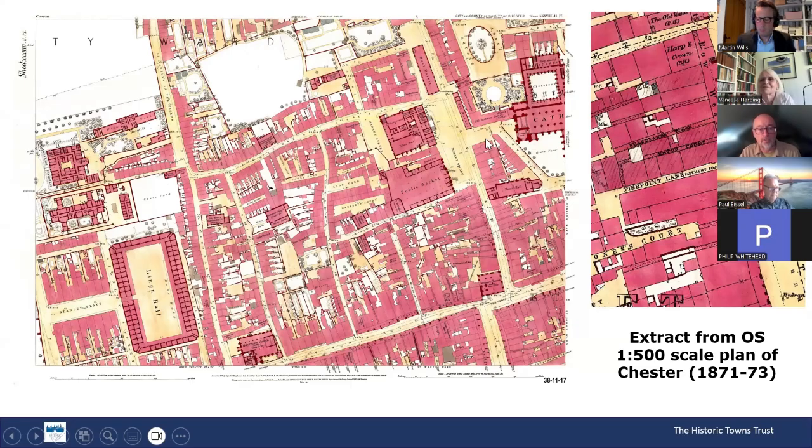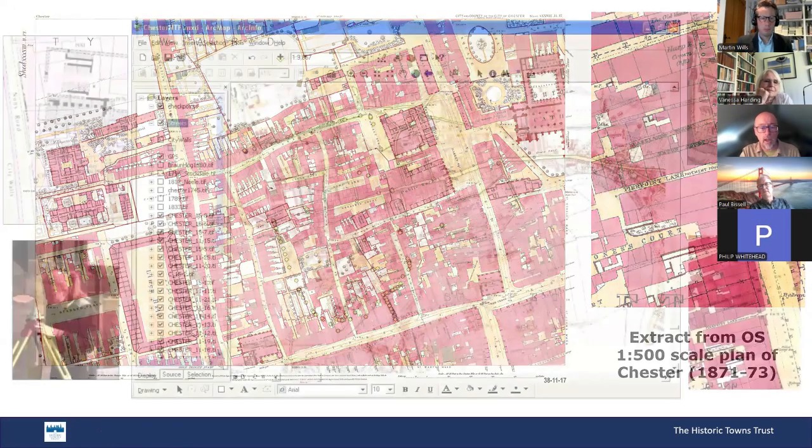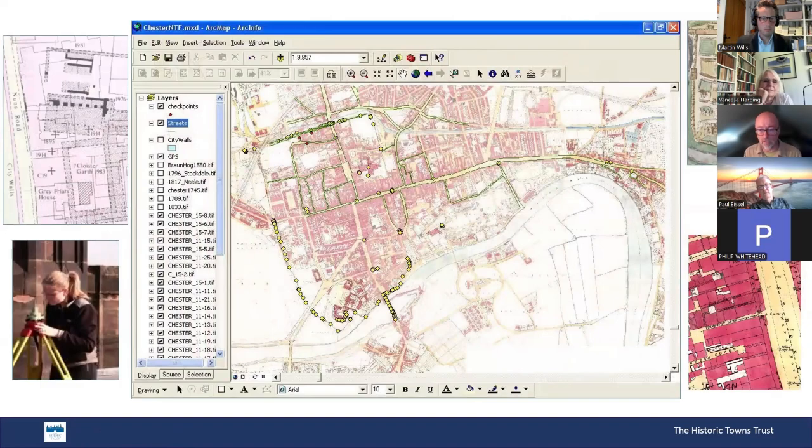And these maps are accurate. I think that's the other important point to make about the town and city historical map. They're based upon modern survey data and modern surveyed maps like the Ordnance Survey large scale maps like this one here. So the maps themselves can be brought into a geographical information system, which is what we did for Mapping Medieval Chester.